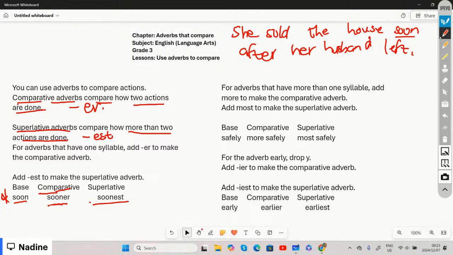And also when it comes to adverbs that have more than one syllable, like for example, usually adverbs that tell us how, they have more than one syllable because the adverb usually ends with an ly. And then we have, like I said, the superlative where we add the est.